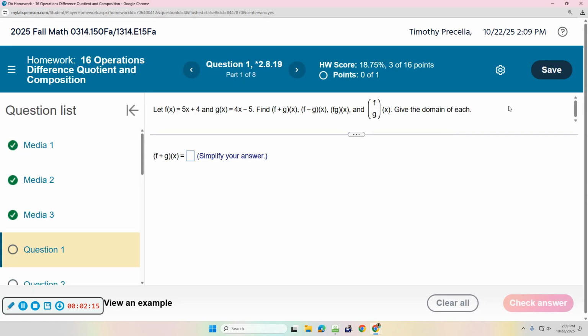Okay, so we have problem 1. F of x is 5x plus 4, and g of x is 4x minus 5.